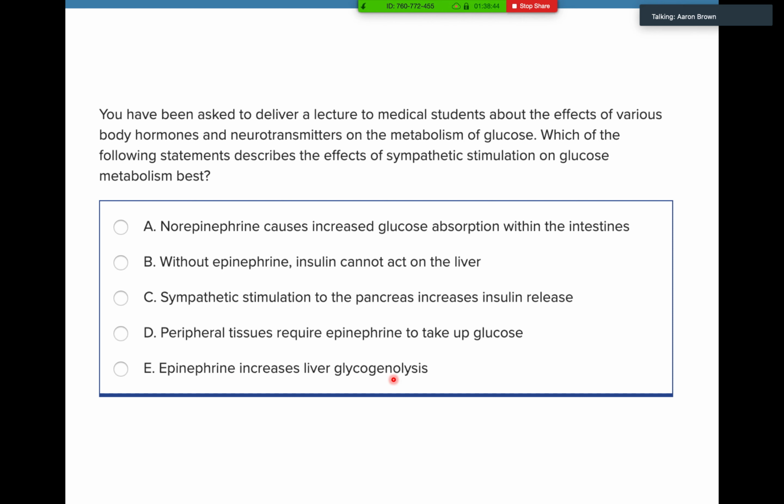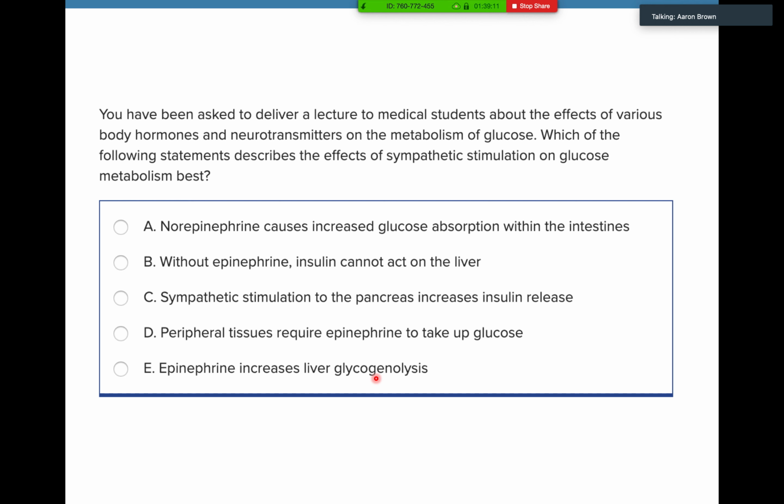Okay? And so here we're talking about sugar, blood sugar, how to raise it, how to decrease it. The reason that we start off with this is I really want to give you this concept of your fight and flight system. From fight and flight, we're also going to add increased glucose.